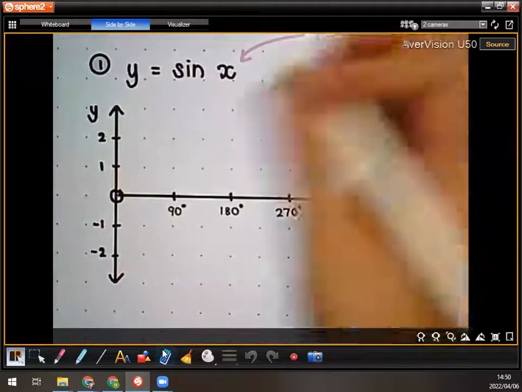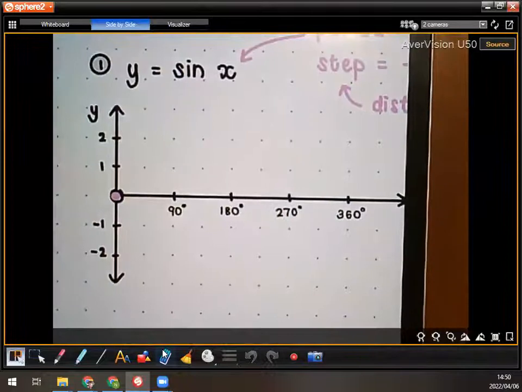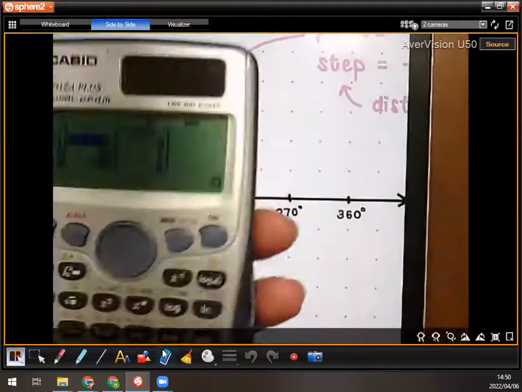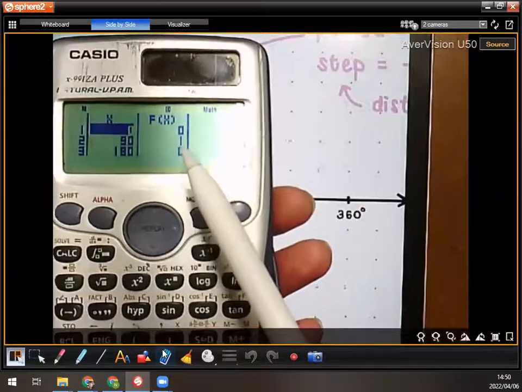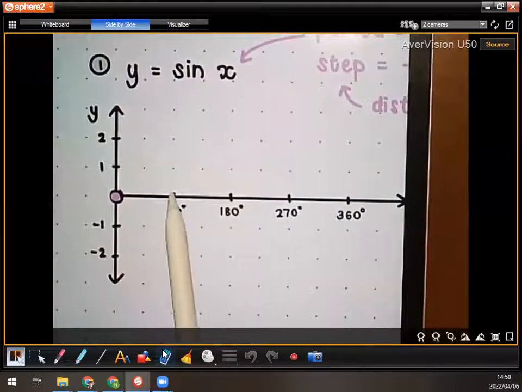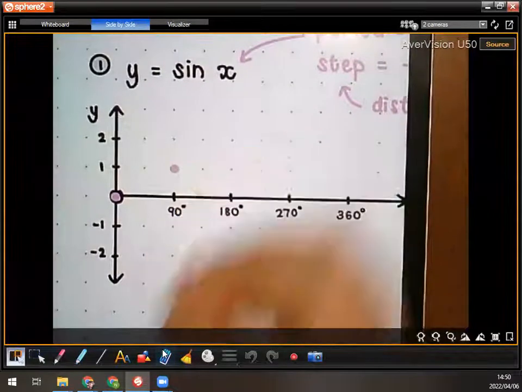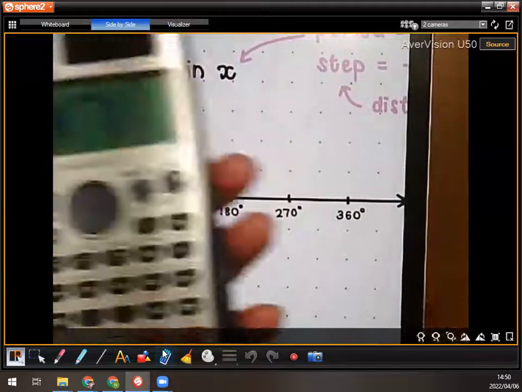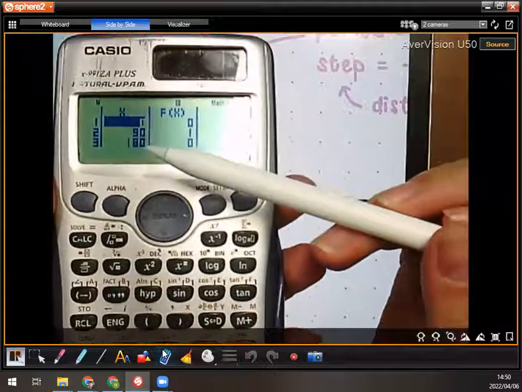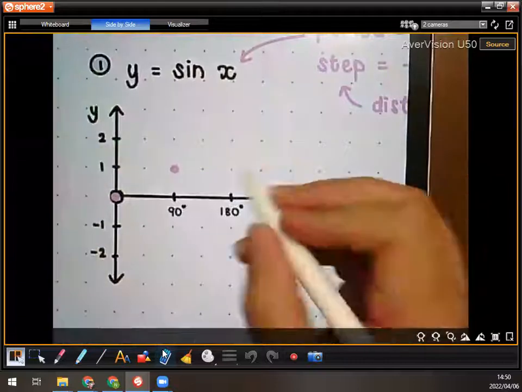That's the first point. The next point is x is 90 and y is 1. So x is 90, y is 1. That's my next point. The next point, x is 180, y is 0.